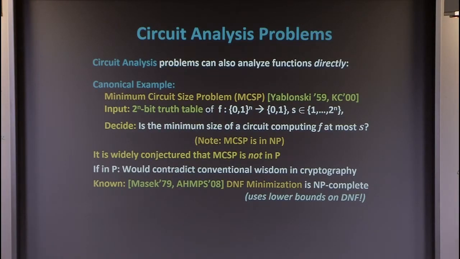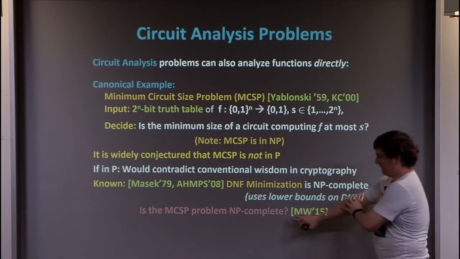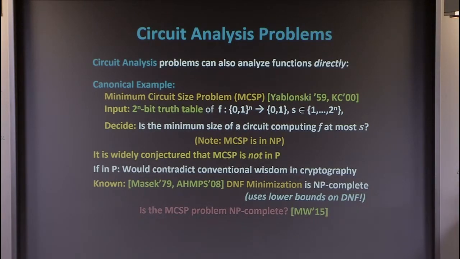Somehow, we understand DNF really well compared to circuit complexity in general. This uses lower bounds on DNF actually to get the result. So a big open problem is whether this problem is actually NP-complete. And recently, with my student Cody Murray, we've made some progress on this question.